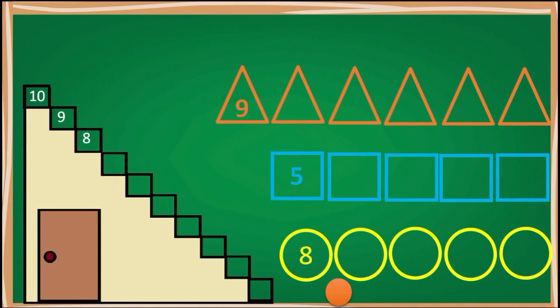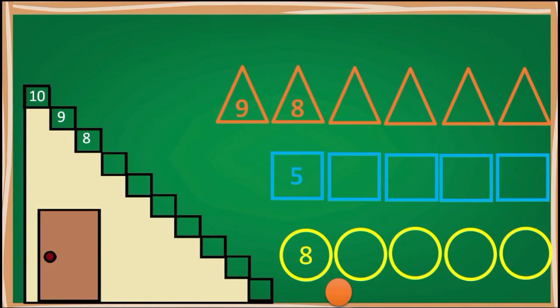What shape is this? Yes, it is a triangle. What number is written in the first triangle? 9. Now the next number is 8.